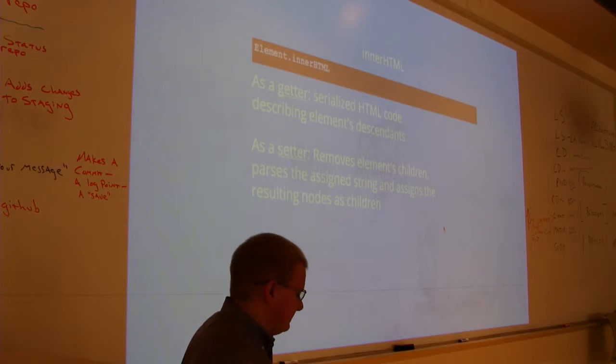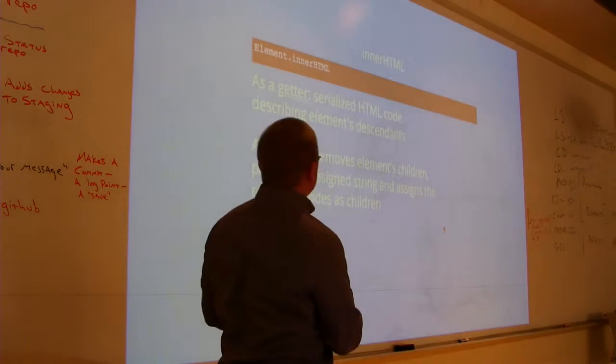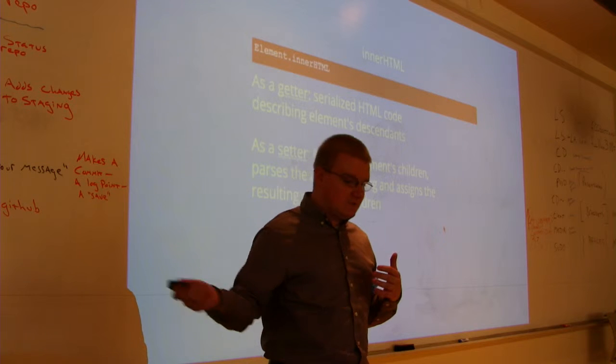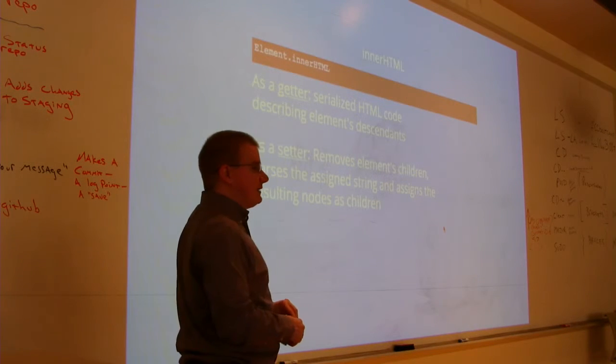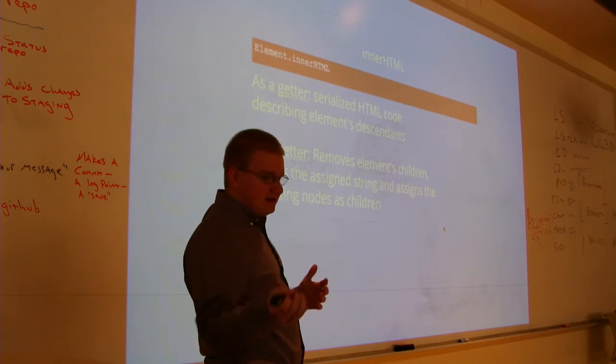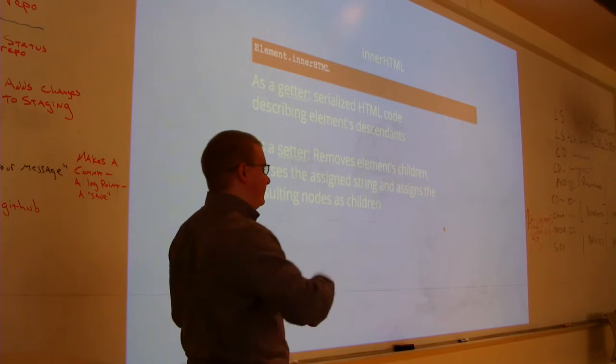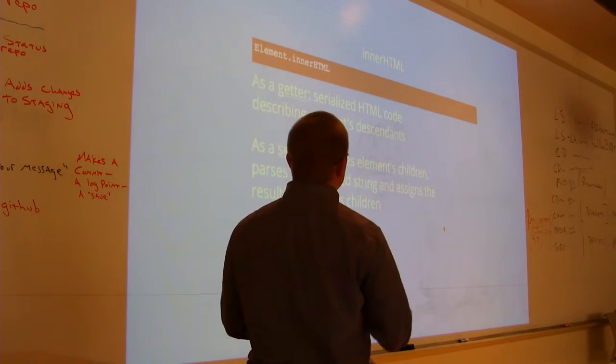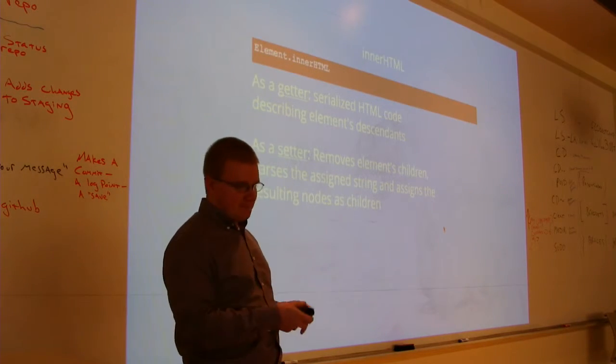All right, other items that we have: properties on our elements that can be used to manipulate those elements. innerHTML is a very common one. innerHTML as a getter, which means I say var x equals element.innerHTML, is just going to return the value of innerHTML: the serialized HTML code, that is HTML code as a string, describing the element's descendants.